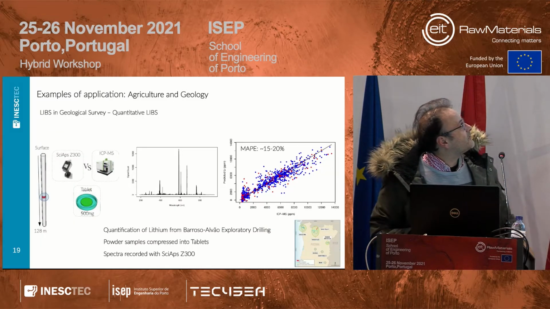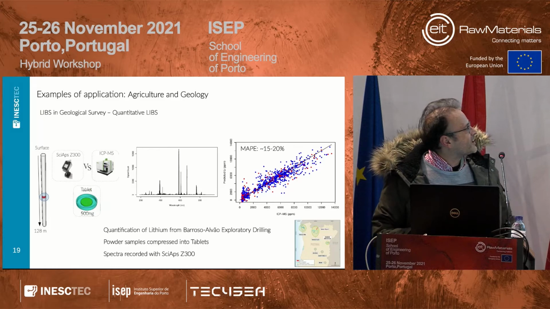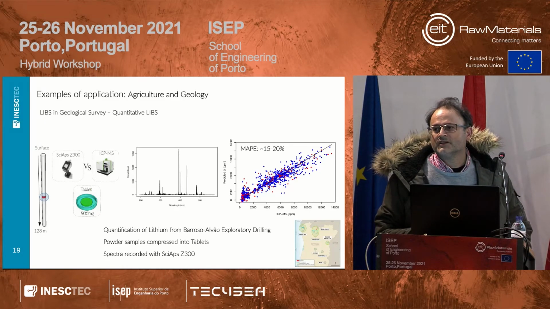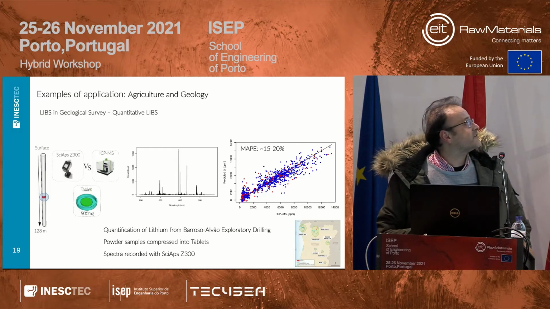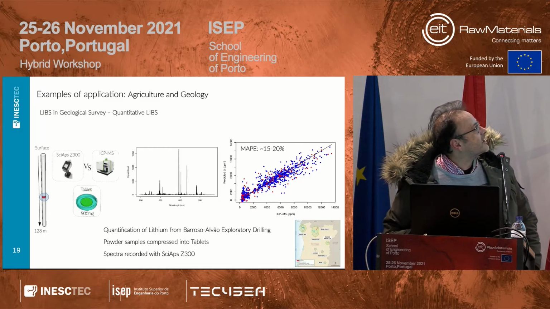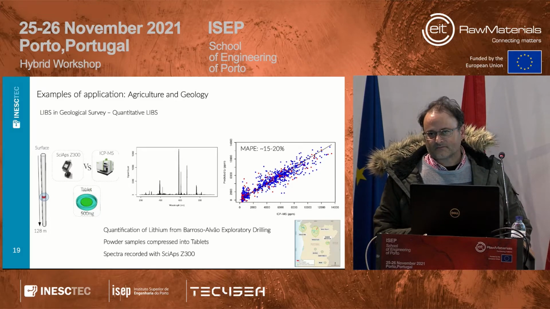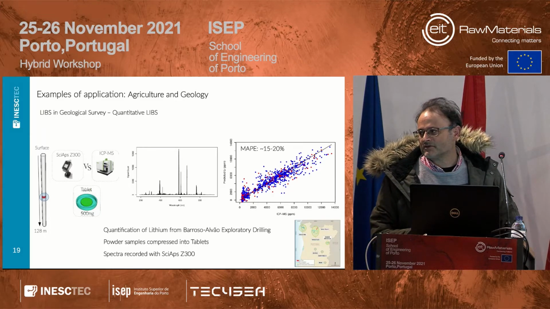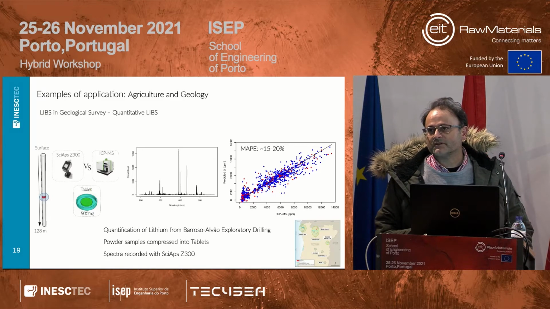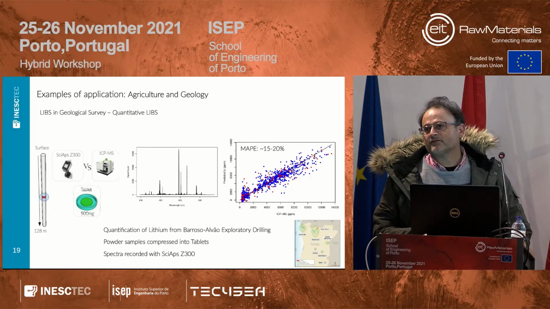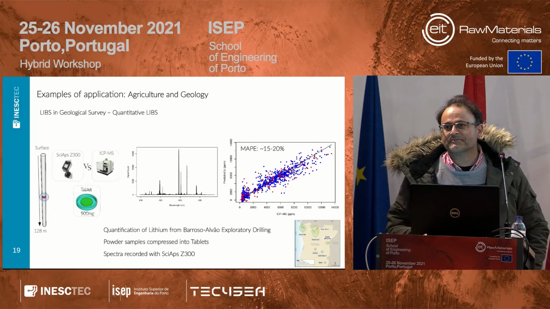In this example, we made the quantification, as the last presenter showed. They used the commercial equipment Z3000 from SciAps, and in here we tried to quantify the lithium in samples from Barroso with this equipment. And this equipment was tested against the laboratory ground truth method, which is ICP-MS.